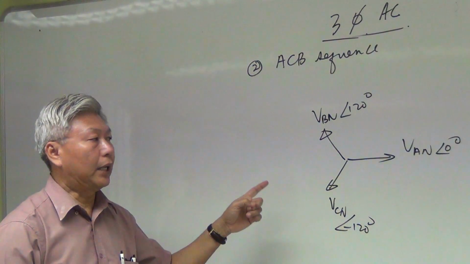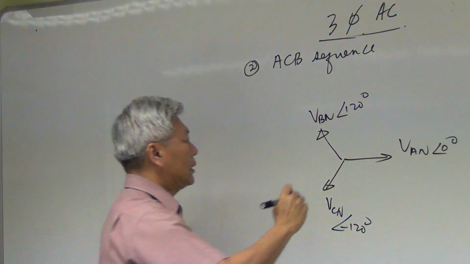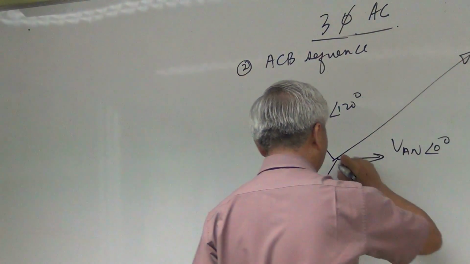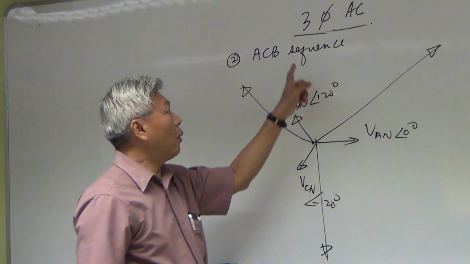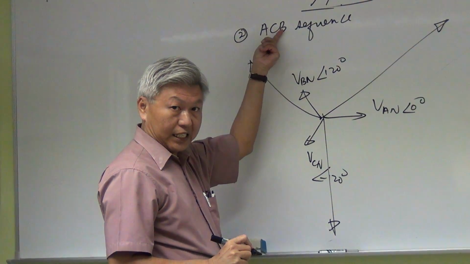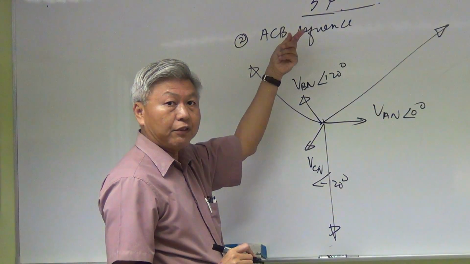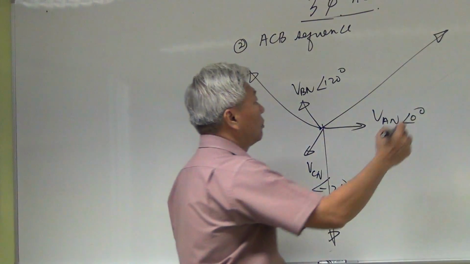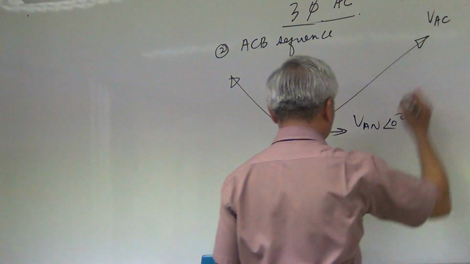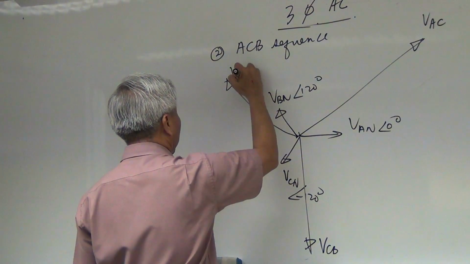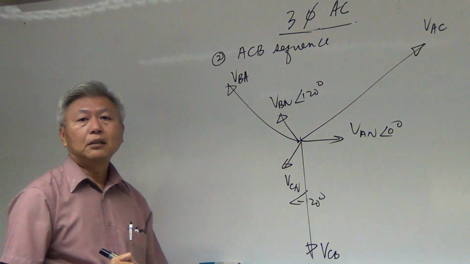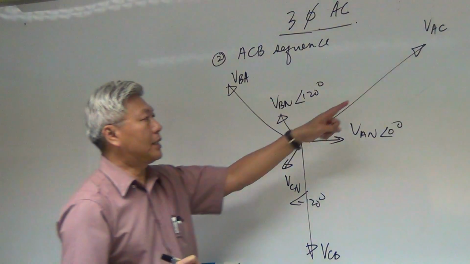Okay? After the three short phasors, you go to the long ones. And the long ones, you will start with VAC, and then VCB, and then VBA. So this will be VAC, and VCB, and this is VBA. Got it? So what is the angle?